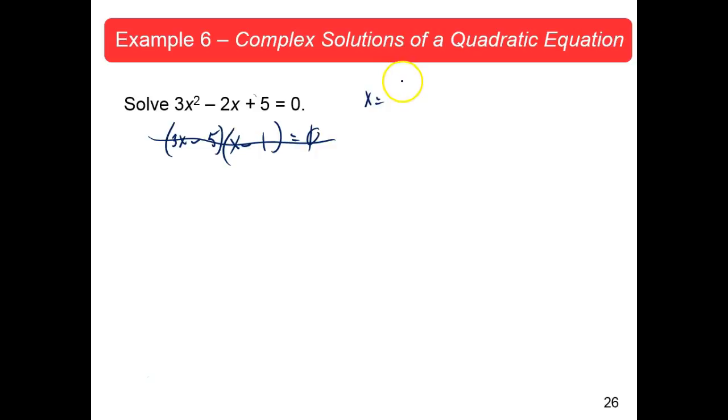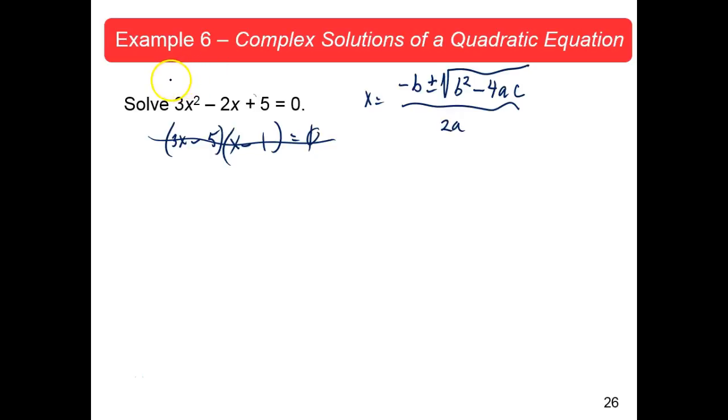Quote it for me in letter form. Minus b plus or minus the square root of b squared minus 4ac, all divided by 2a. Okay, what in the world are a, b, and c?